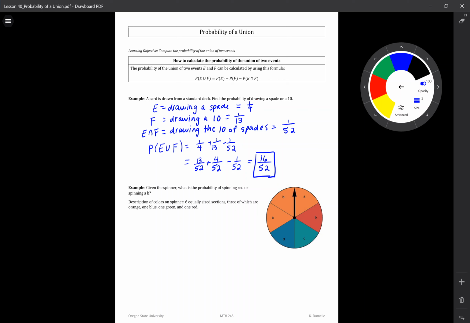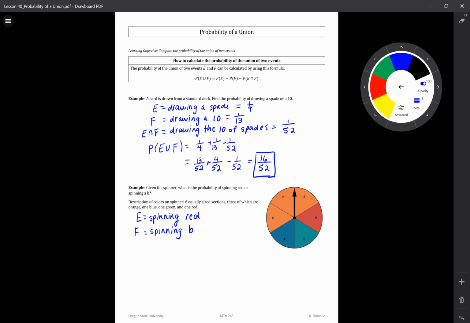All right, let's do another example. Given this spinner, what is the probability of spinning red or spinning B? So we have this wheel here. I'm going to define E as spinning red, and I'm going to define F as spinning a B. So what are the chances of spinning red?